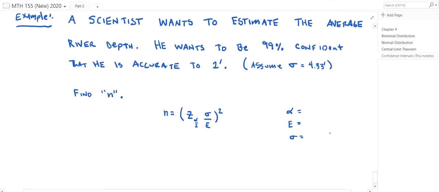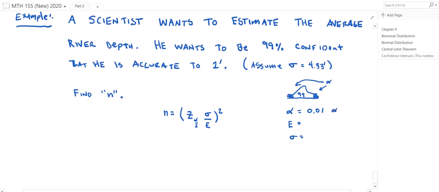Okay, so let me begin. Alpha is 0.01 because we've got a 99% confidence interval. That means the area outside is alpha, 0.01. 1 minus 0.99 equals 0.01.